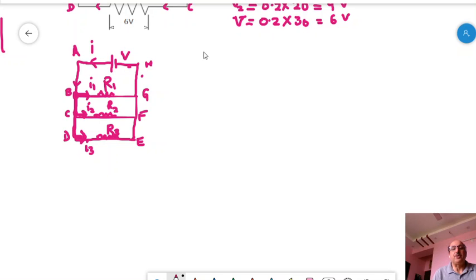The first loop we are taking as A, B, G, H, A. The direction is we are moving anti-clockwise here, like this one.